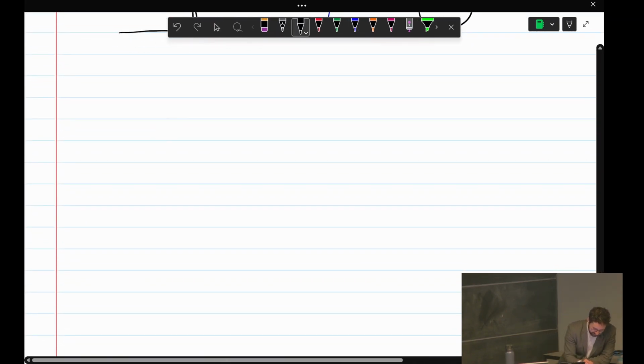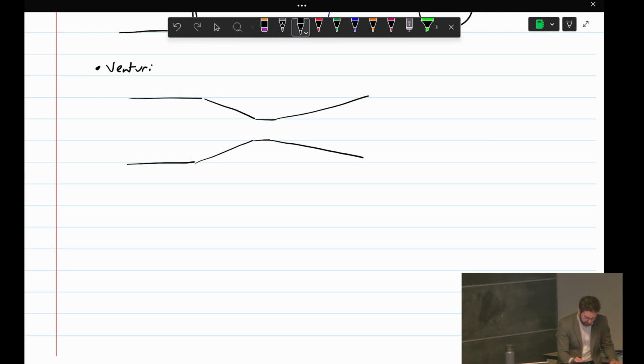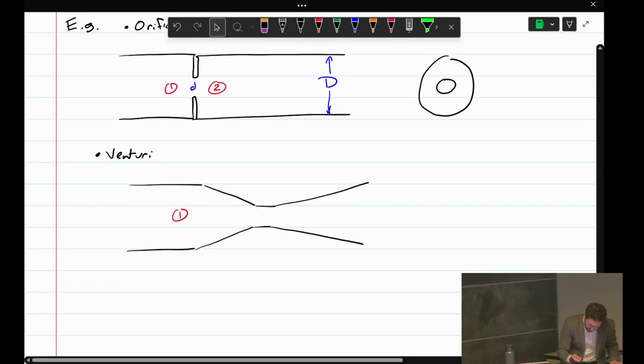There's also something called a Venturi. It's the exact same principle, but overall the efficiency is much higher. So you measure the pressure. I'm going to indicate exactly how the pressure would be measured.